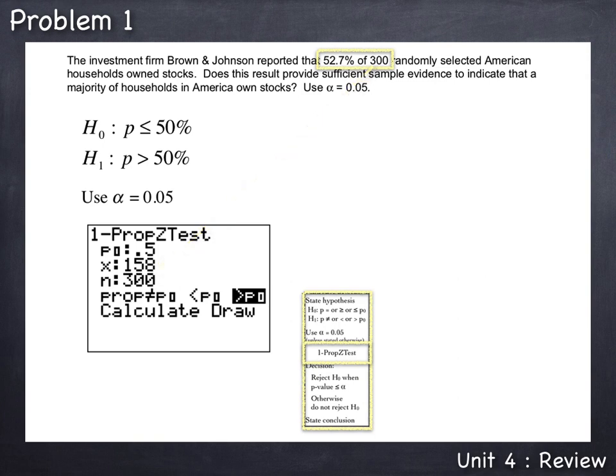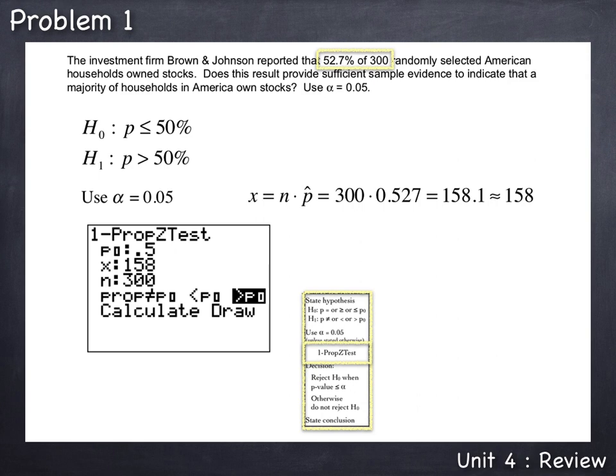And then as far as entering the value for X, in this problem, X, the data value, is not given. But we know that when the proportion P hat is known and the total sample size N is known, we can calculate for ourselves the X data value by multiplying N, the total sample size, times P hat, the sample proportion.